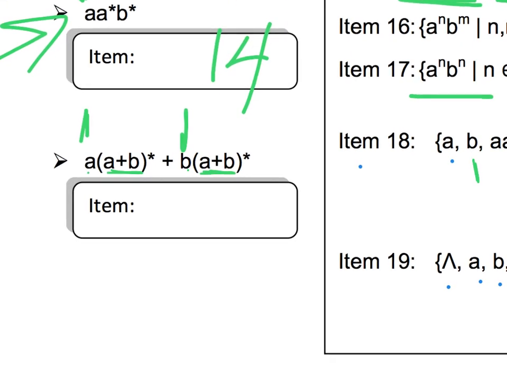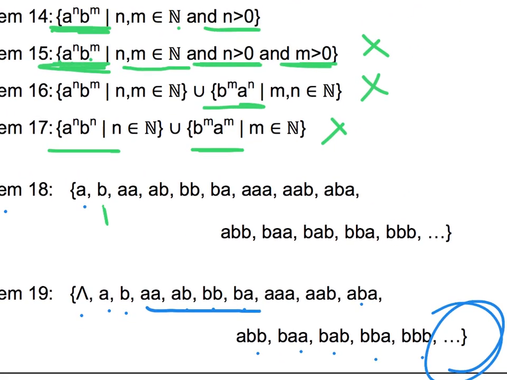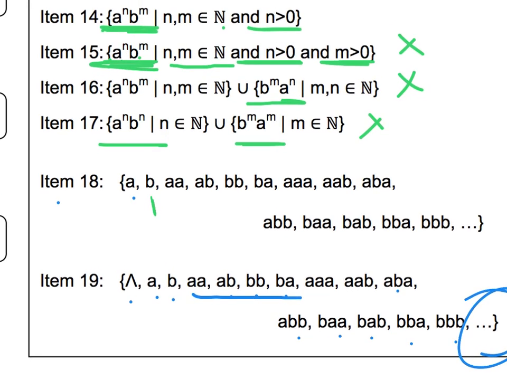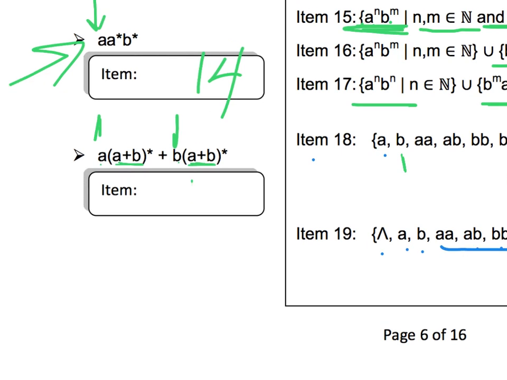But it has to start with an A or a B, and I think that's what's going on here. So it's any combination in any order, but we just got rid of lambda. This is exactly the same set as item 19 that we picked before, but actually it has to start with an A or a B, so that looks good. So that's item 18.